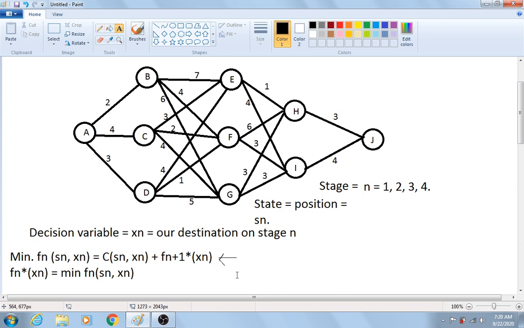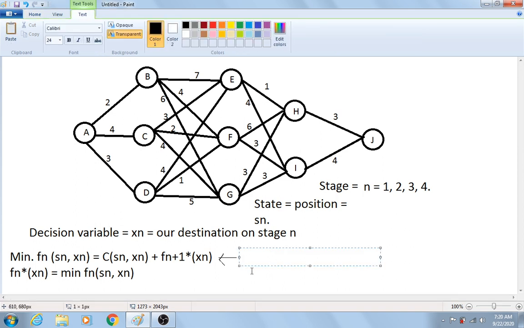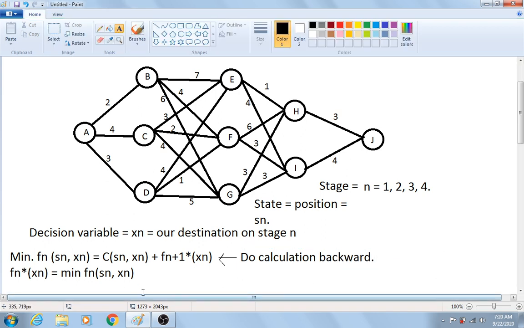So it is very easy to see that we will do the calculation backward. In order to decide our total cost for stage n, we need to know the total cost up to stage n plus 1.